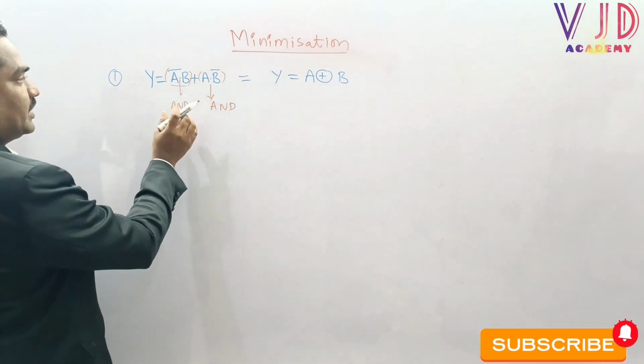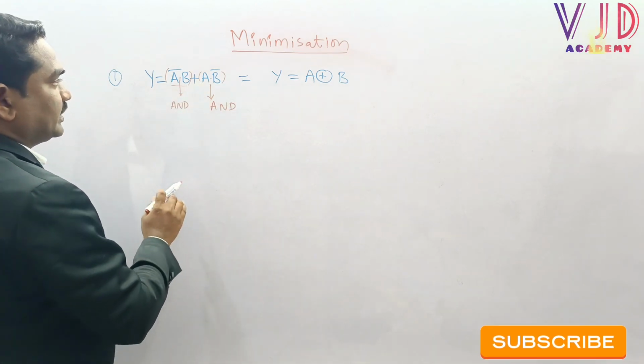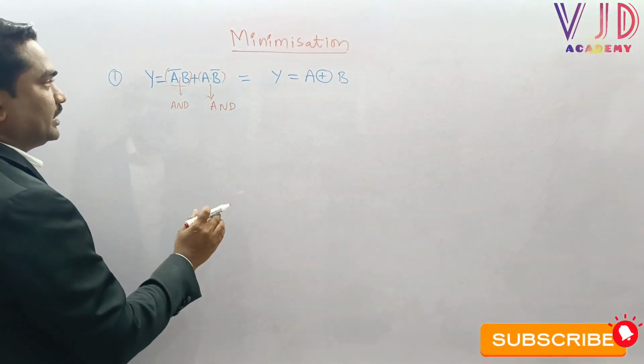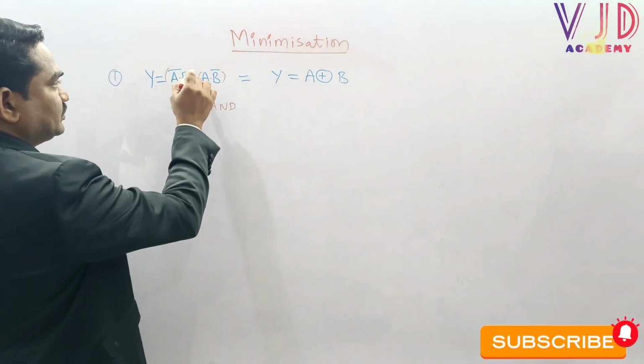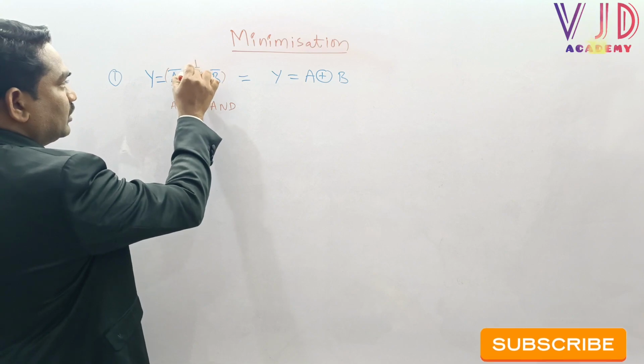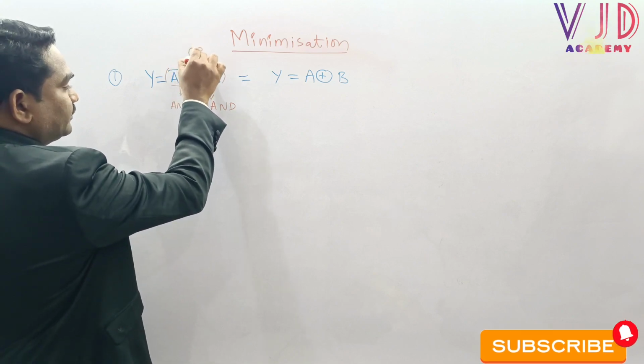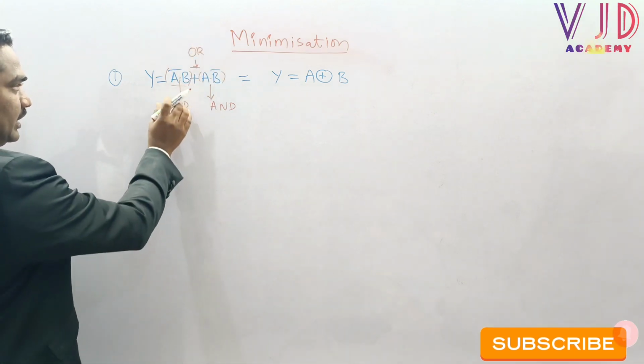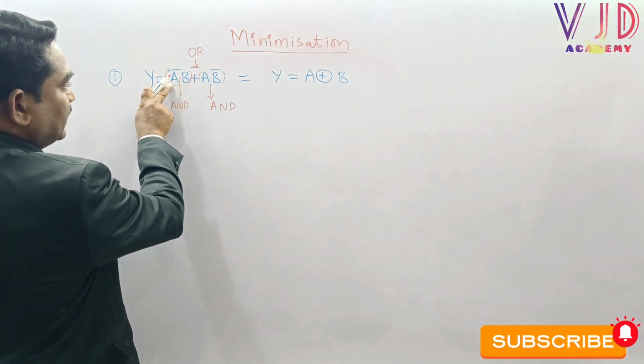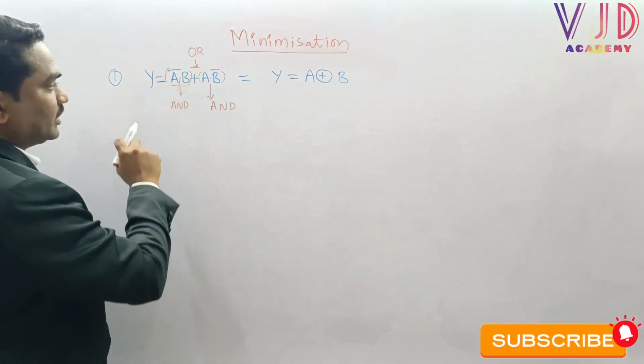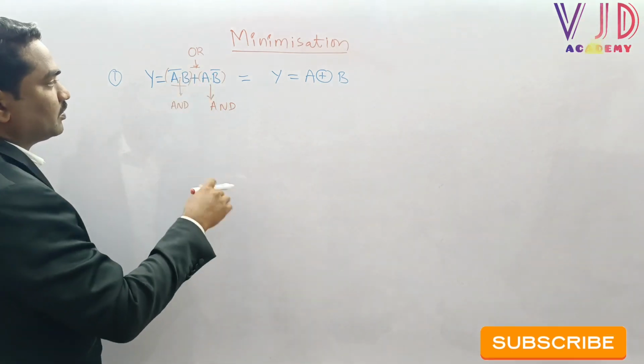Finally we add these two components, a bar into b and a into b bar, so we have one more logical gate, an OR gate. Separately, a bar means one NOT gate here, and b bar means one more NOT gate here.